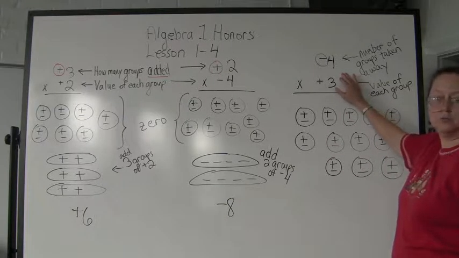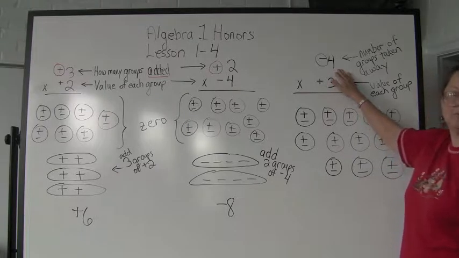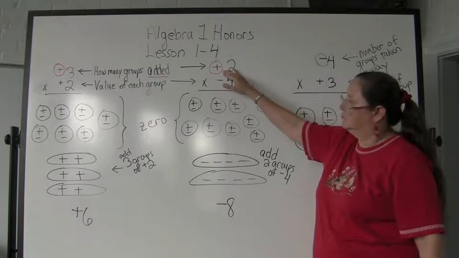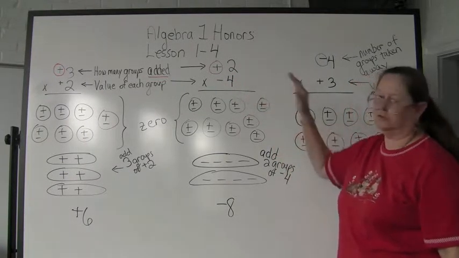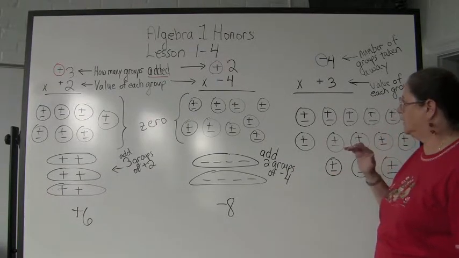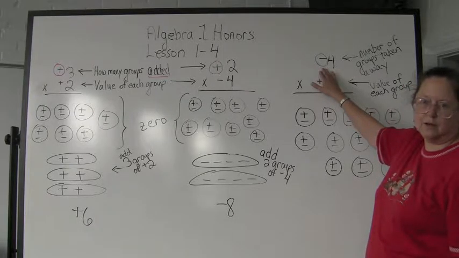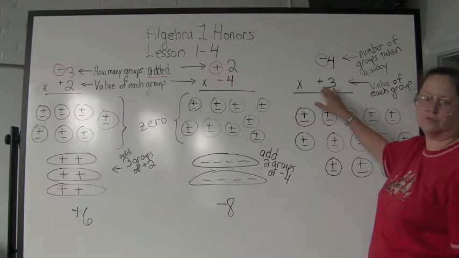So in multiplication of integers or signed numbers, the top number now tells you whether you're adding so many groups or you are taking them away. The bottom number still tells you what the value of each group is. Right? So here we're going to be taking away 4 groups of +3.